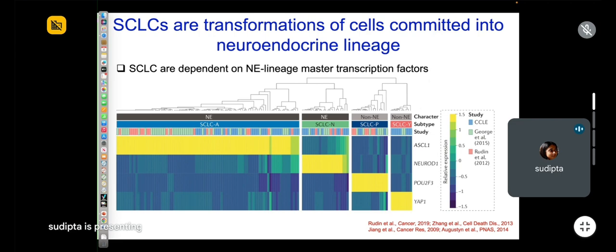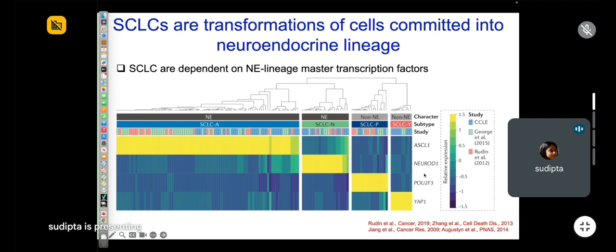So now, as I told, small cell lung cancer is of neuroendocrine origin, because people have already checked it, and what their origin is, because it was so difficult to treat. If you don't know all the details about it, it will be hard. So several groups have shown, and very nicely, that all these small cell lung cancers are of neuroendocrine lineage origin, because of their expression of those transcription factors.